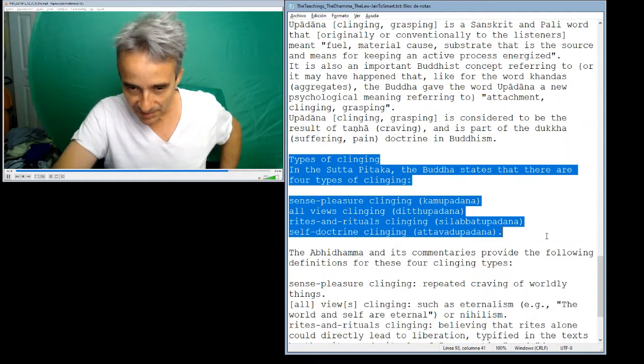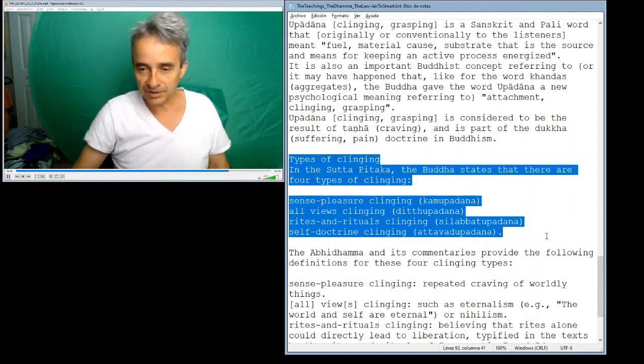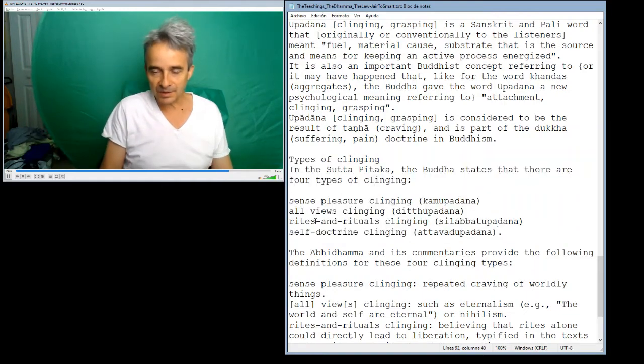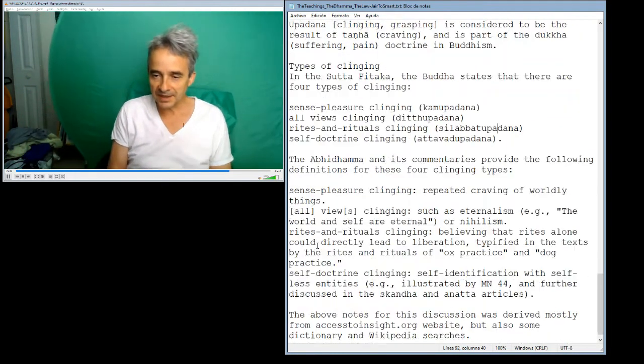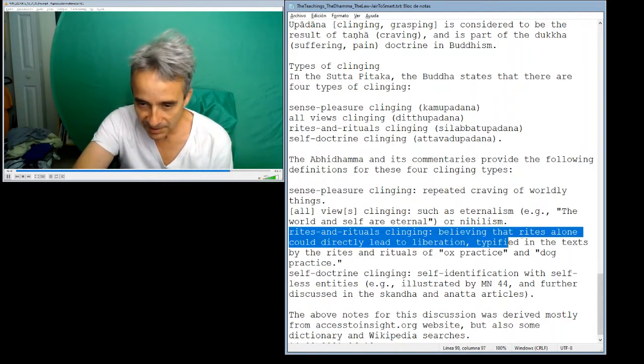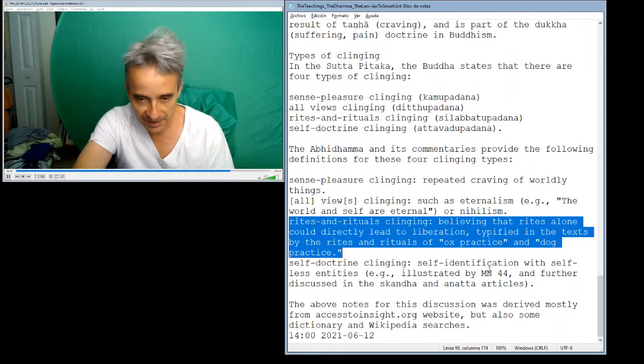Clinging to our worldview. Rites and rituals clinging, believing that rites alone could directly lead to liberation, typified in the text by the rites and rituals of ox practice and dog practice.